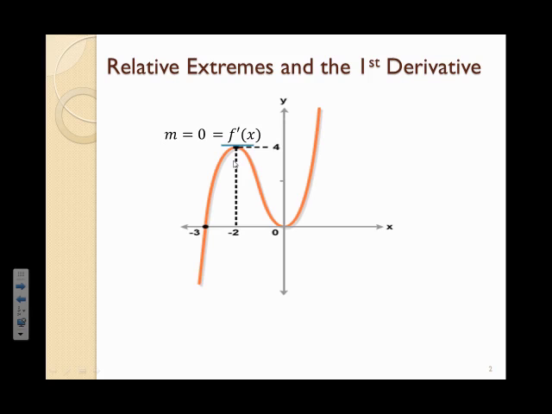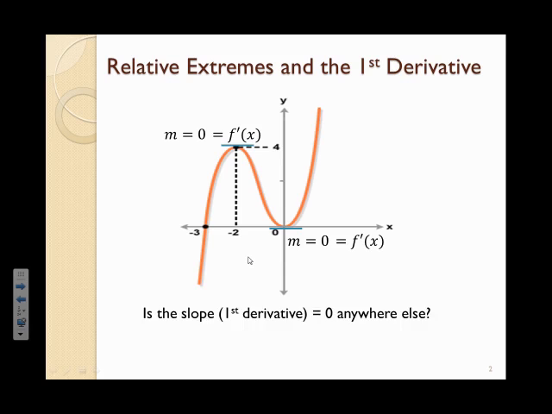Now, are there other places where we see the slope equal to 0? Well, yeah, if we come over here to this relative minimum and take the slope here, we realize that it's also a horizontal line. The slope will be 0, and that, of course, means that the first derivative is also equal to 0. So at these two places where there are relative extremes, we see that the slope is equal to 0.